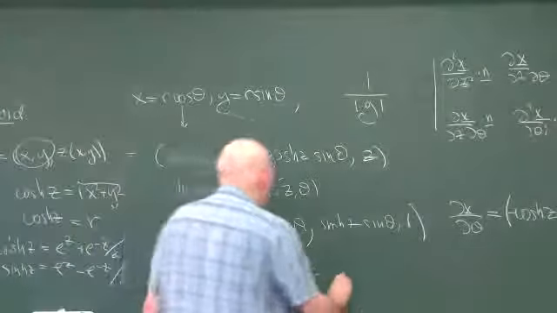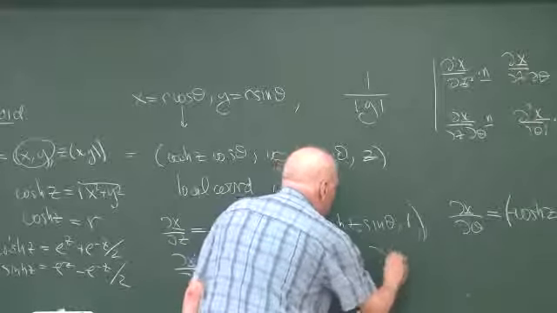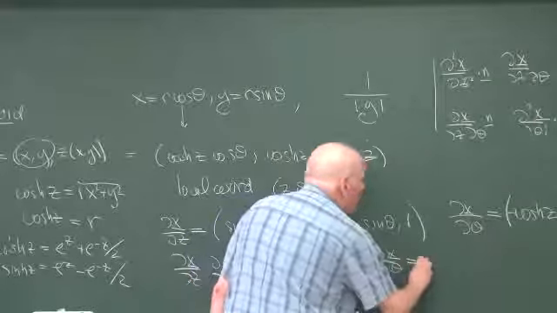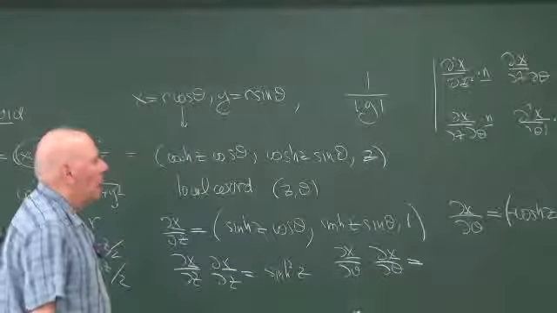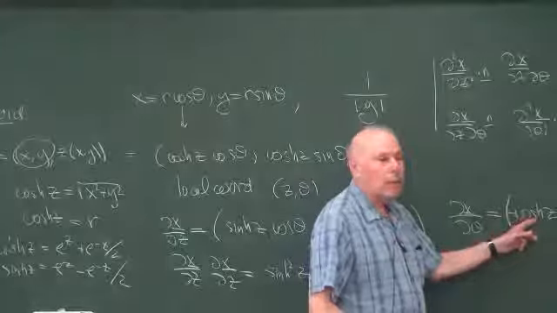Now let's do theta with theta, and we get hyperbolic cosine squared.